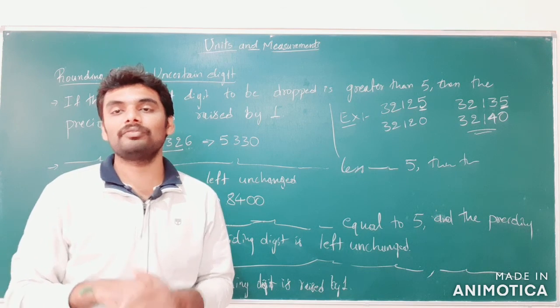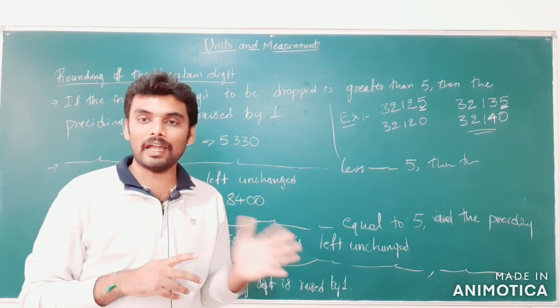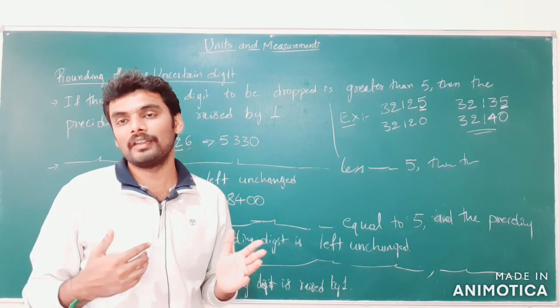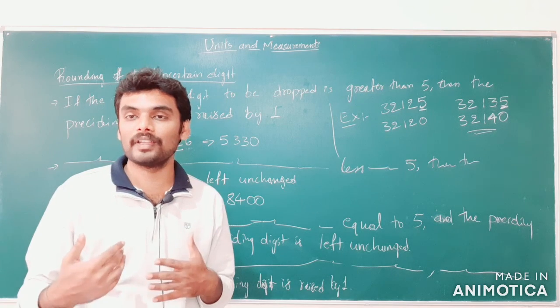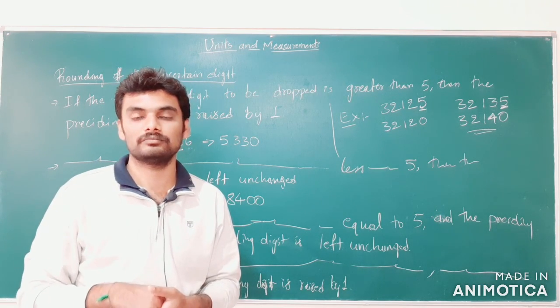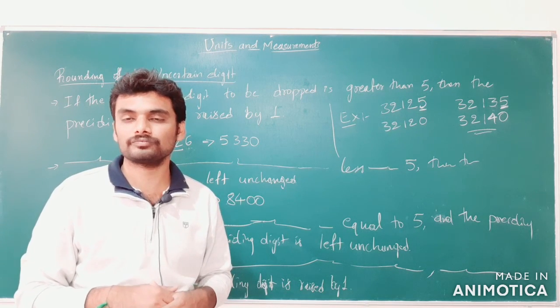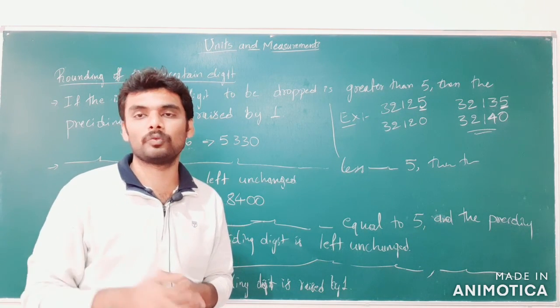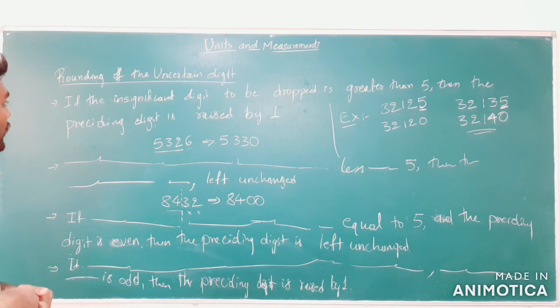Finally, if the insignificant figure is equal to 5 and the preceding term is odd, in such a situation we will increase the value of the preceding term by 1. So this is everything about rounding off techniques in numbers with uncertain digits.